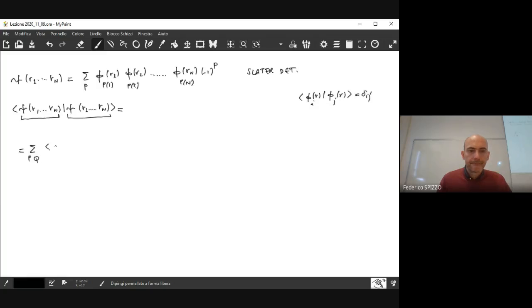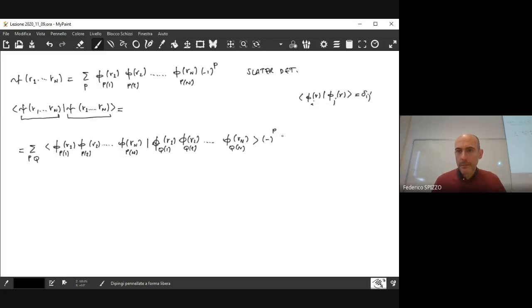And then we have first, then we need to include the sign of each permutation of the P group and the sign of each permutation of the Q group.